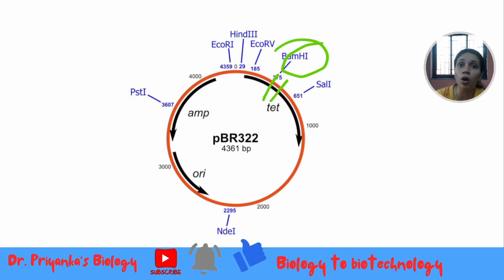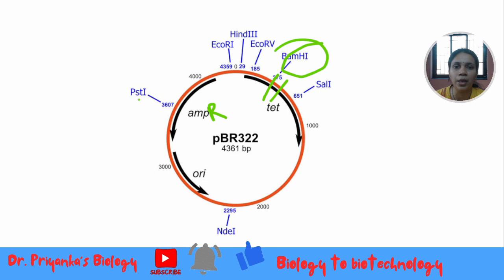So it is no longer going to be tetracycline resistant. It has lost its ability to give resistance to tetracycline. But we still have the ampicillin resistance gene intact. Though this is gone, we still have our savior, the ampicillin resistance gene.